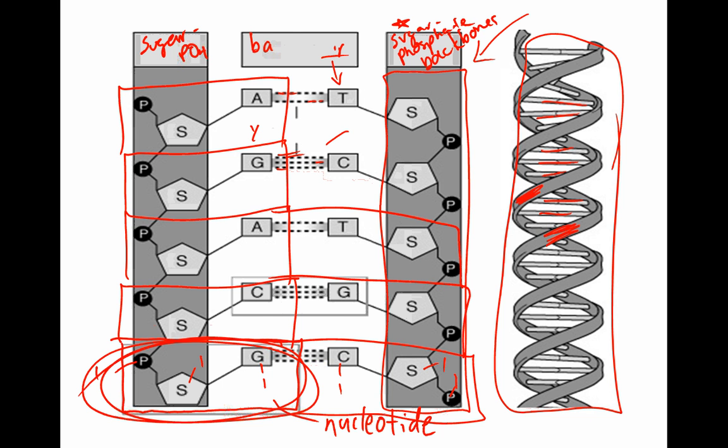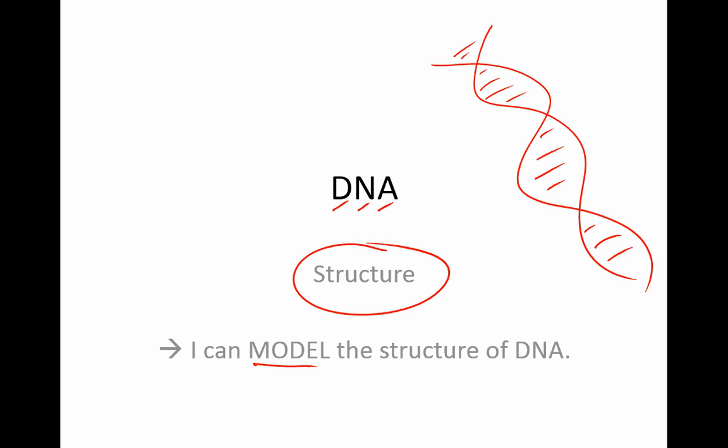So the learning target said, I can model the structure of DNA. So now, this model right here that you probably had in your brain before we started this module is no longer acceptable. What I need you to be able to do with this model is tell me about the sugar phosphate backbones. I need you to be able to model their structure. I need you to be able to show me the base pairs in the center.